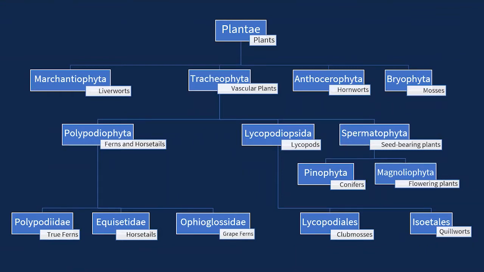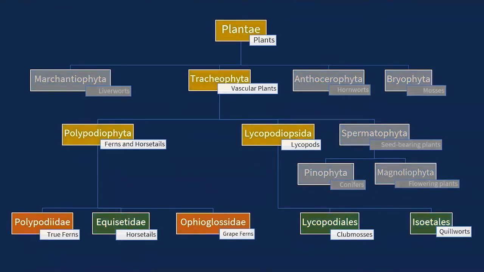Then we have these other 2 groups that I've put up here, the lycopods and the ferns and horsetails. Ferns fall under that vascular plant group but are separate from the seed bearing plants. Remember, they're non-flowering, non-seed producing plants. So they fall into these other 2 groups, the lycopods and the polypodiophyta, the ferns and horsetails.